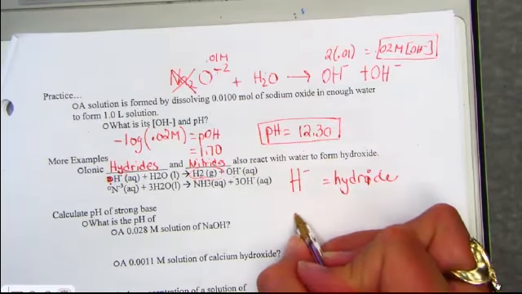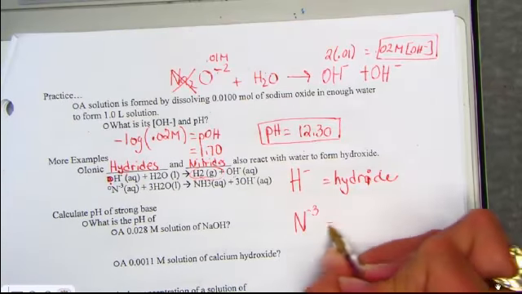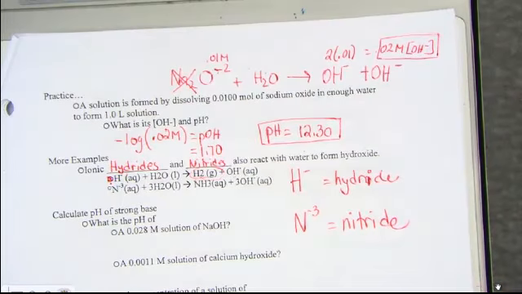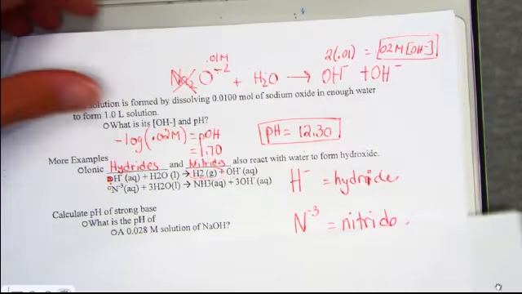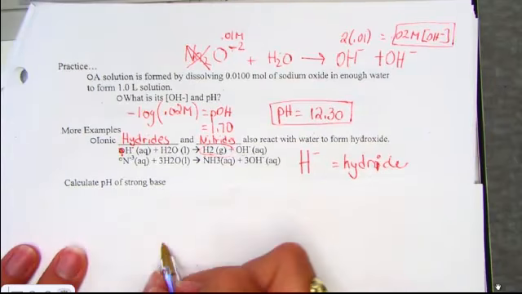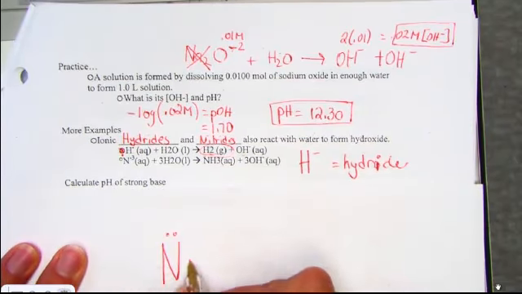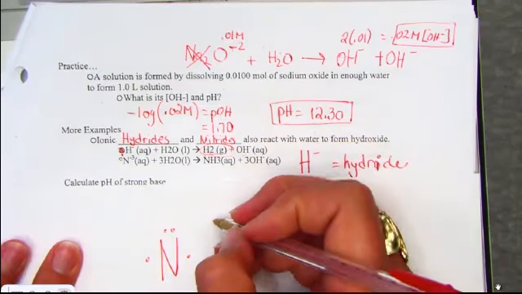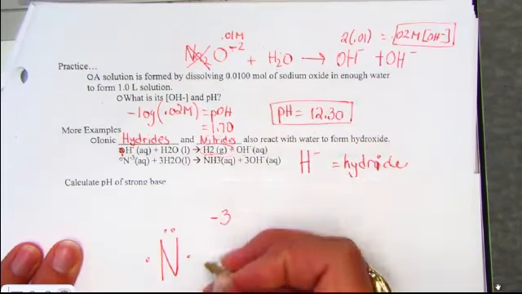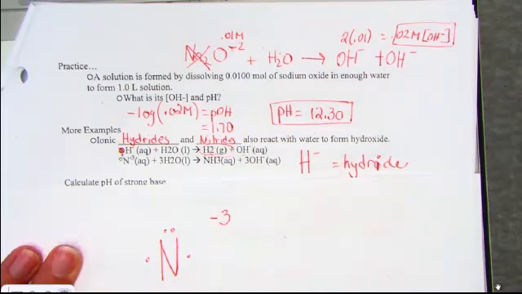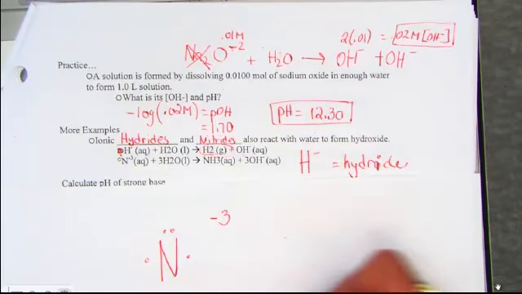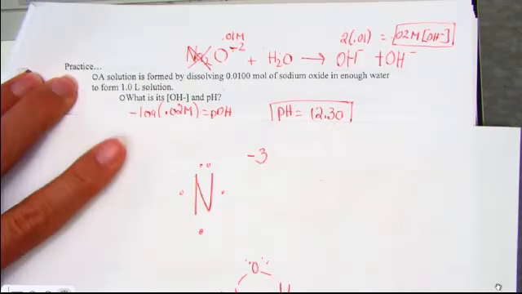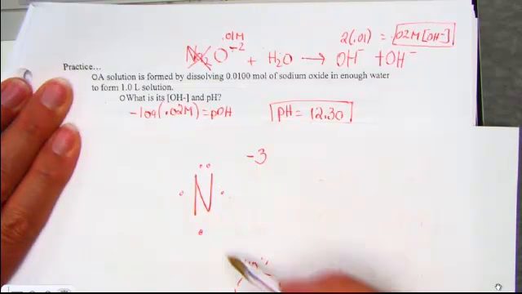Here's another example called nitride. And this might be worth drawing. Let's find a spare spot. Nitrogen's Lewis dot structure, we can see that it has 5 valence electrons. And if it's going to carry a charge, we can see that it's going to want to fill those 3 open spots. When it does so, here's a poor water molecule swimming around, minding its own business.